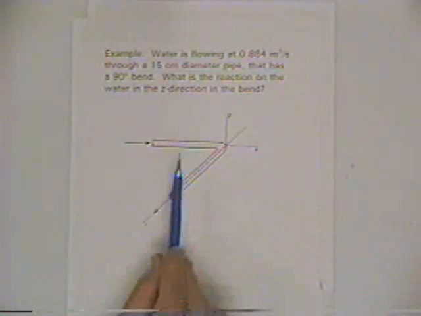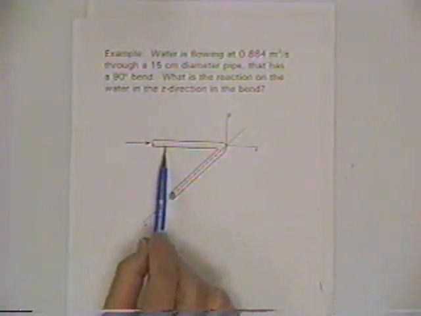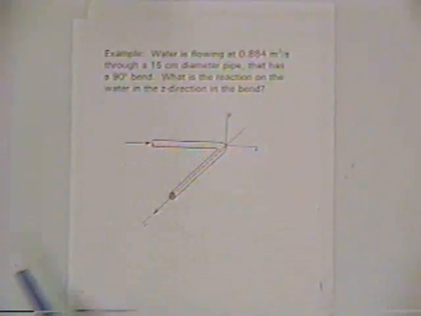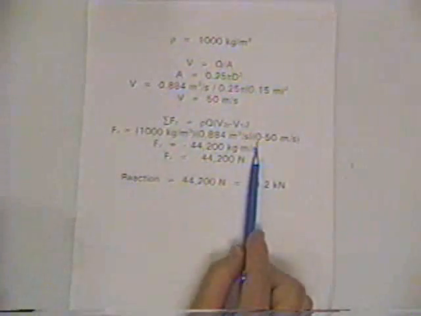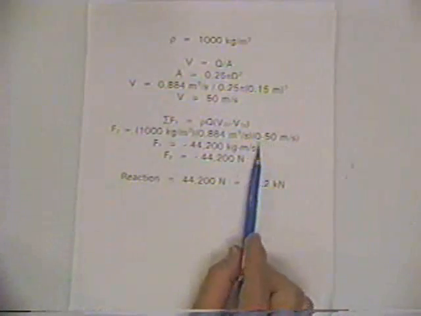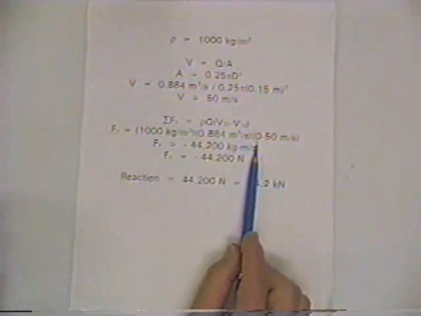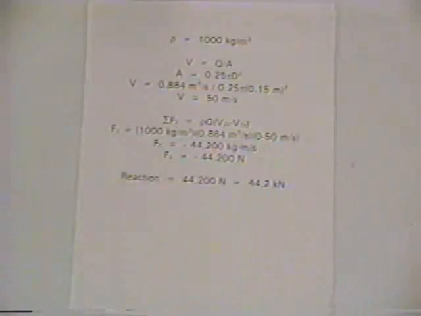Of course there's a velocity in the x direction, but in the z dimension there's zero velocity going in, and whatever the velocity is in the pipe coming out will be in the z direction. So we've got 0, and again we all realize there's an absolute velocity of 50 meters per second, but when we divide it into the vectors of directions, in the z direction there's 0 velocity, and then coming out of that bend, that control volume, is 50 meters per second.